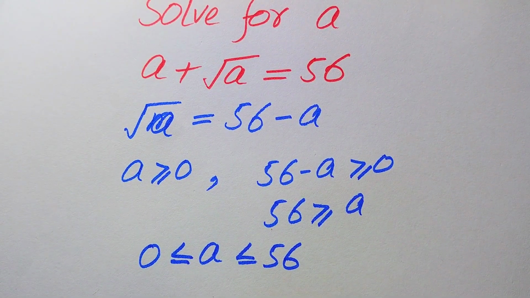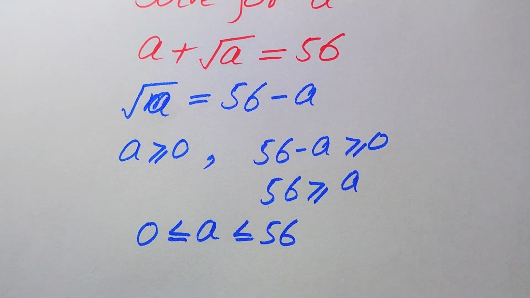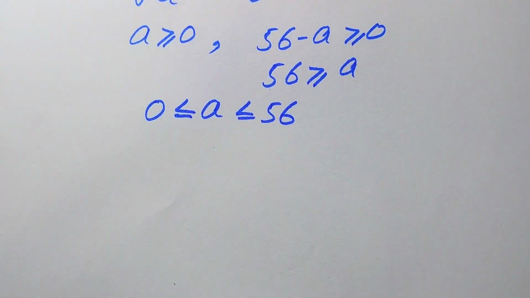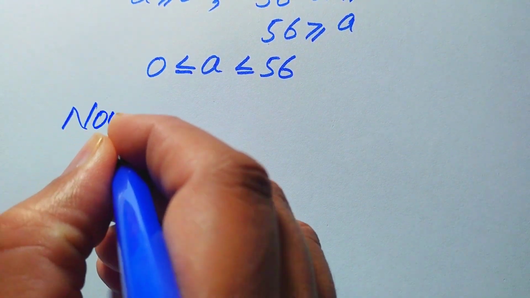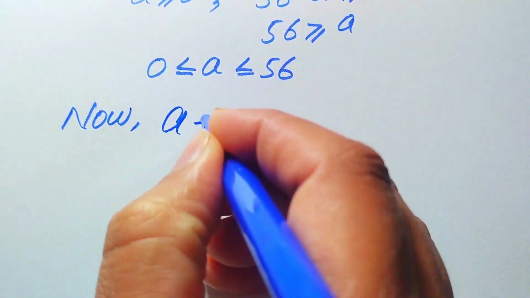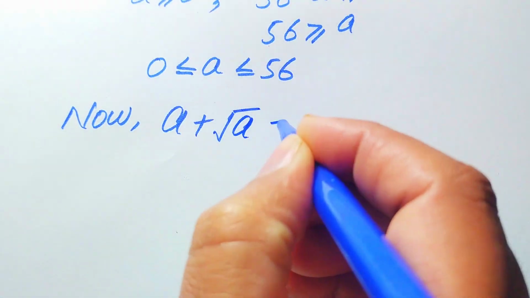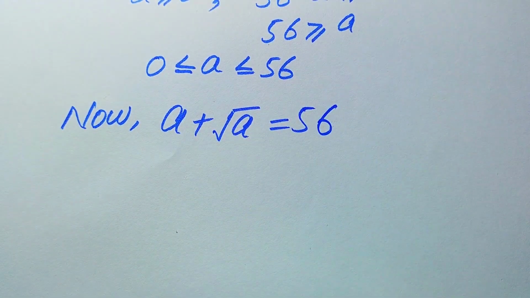So the solution of this equation lies in this interval, and now we move towards finding the solution of the given equation. First we copy down the given question statement. It is a plus square root of a is equals to 56.